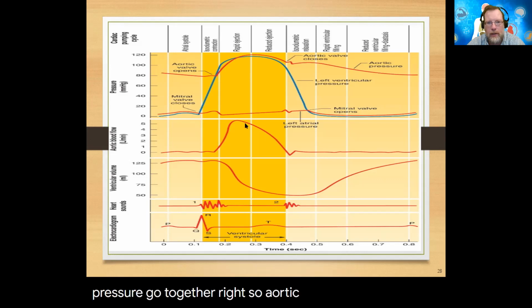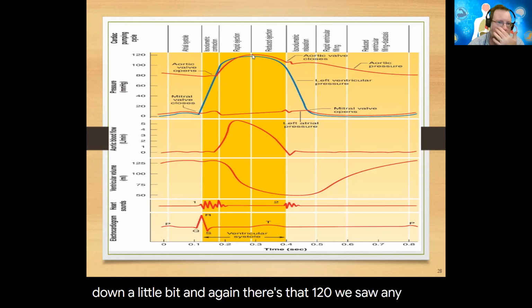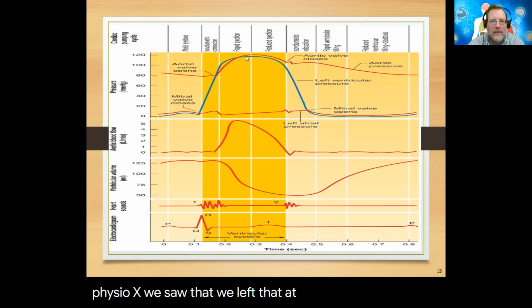So aortic flow, we increase blood flow, we increase pressure in that aorta. Aortic pressure goes down a little bit. And again, there's that 120. We saw in PhysioEx that we left that at a constant 120.